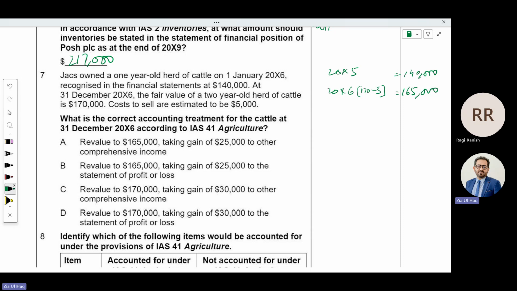The asset value now, what is that? Fair value less cost to sell, point of sale cost. Point of sale cost means cost to sell, commission, levies. What is the gain?